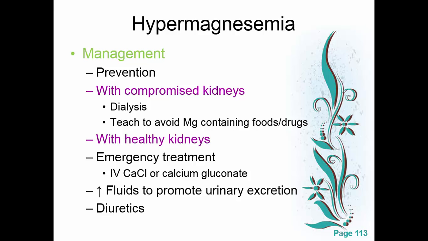You want to teach them to avoid magnesium-containing foods and drugs. With healthy kidneys, emergency treatment can be through IV calcium chloride or calcium gluconate. You want to increase fluids to promote urinary excretion of the magnesium.